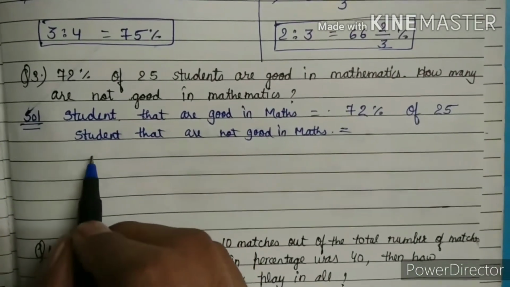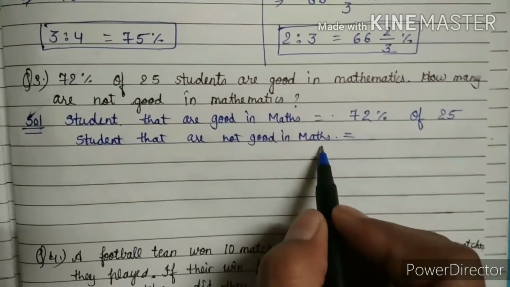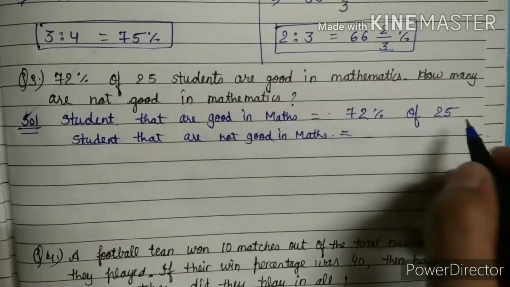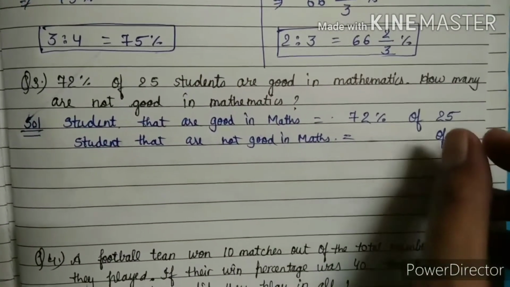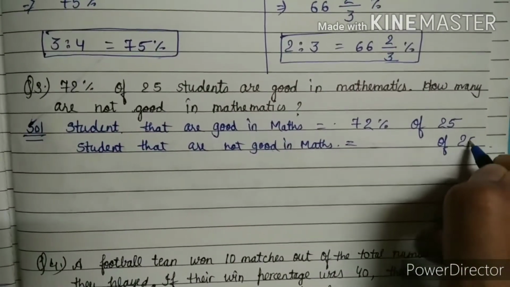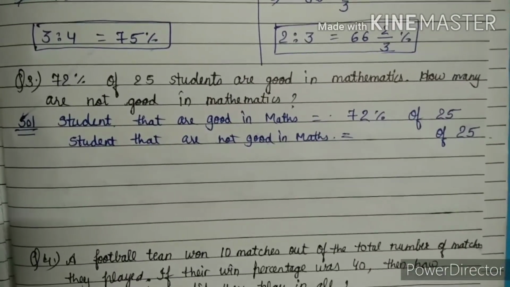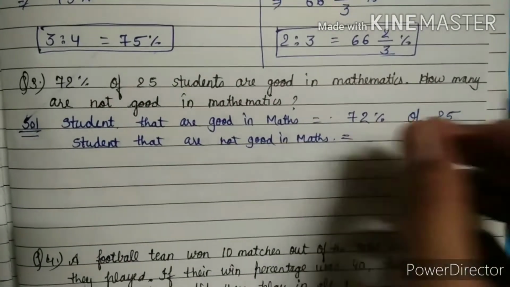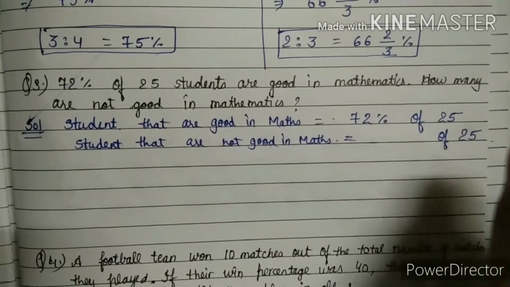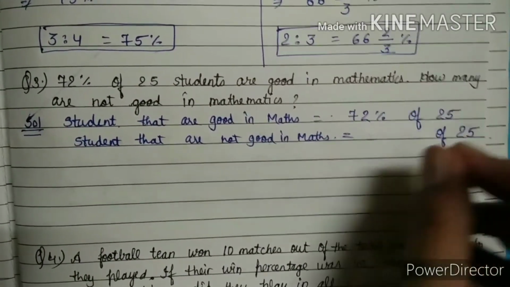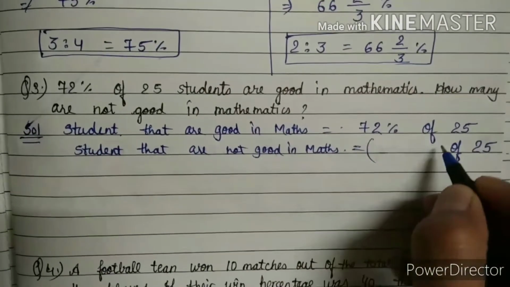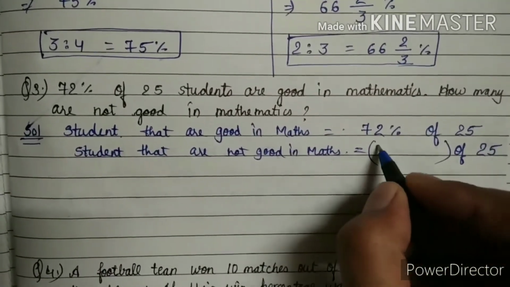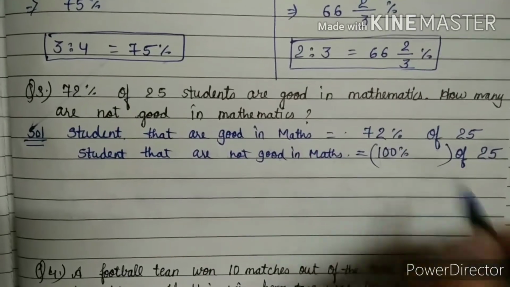So the students that are not good in maths will also be taken from the total. That's why 25 comes here, because from the 25, 72% are good, and from the 25 we will also take those who are not good in maths. We know the total is considered as 100%.